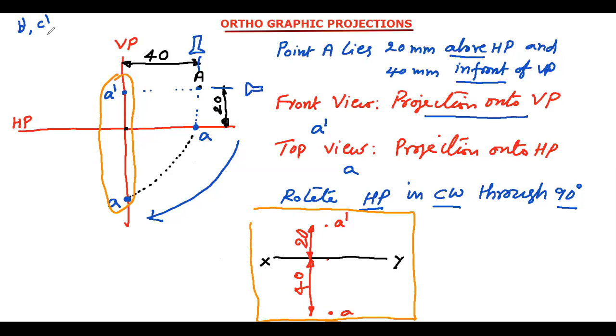Now observe here, A dash and A both lie on the same straight line. Am I right? So both should lie on the same straight line. So you have front view A dash, top view A. This is called orthographic projection.